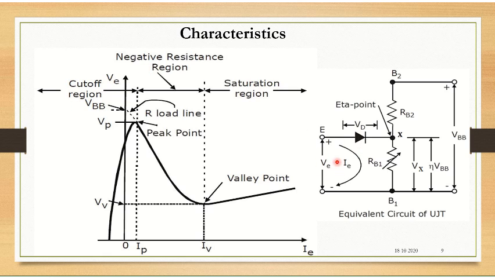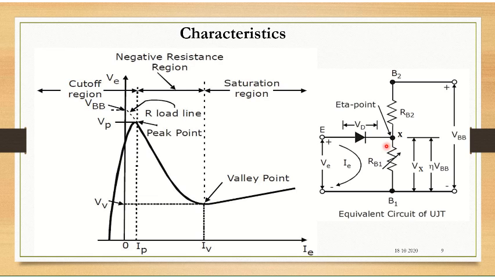Once the voltage you apply at the emitter terminal crosses the potential drop at this point, that means Vx plus Vd, so if VE is equal to VP, where VP is nothing but the peak voltage, equal to Vd plus Vx, if VE is greater than or equal to VP, that is when the diode will be forward biased and there is an emitter current flowing.